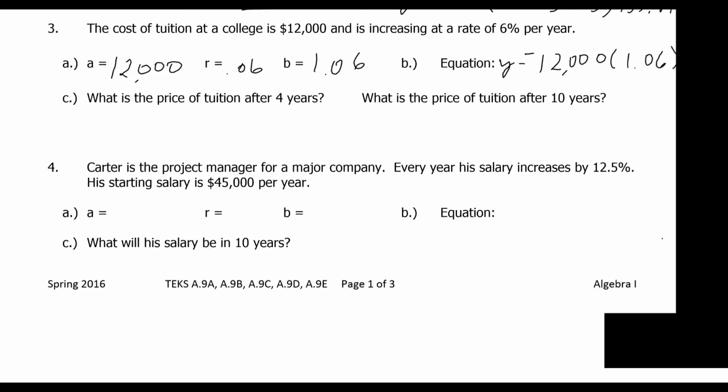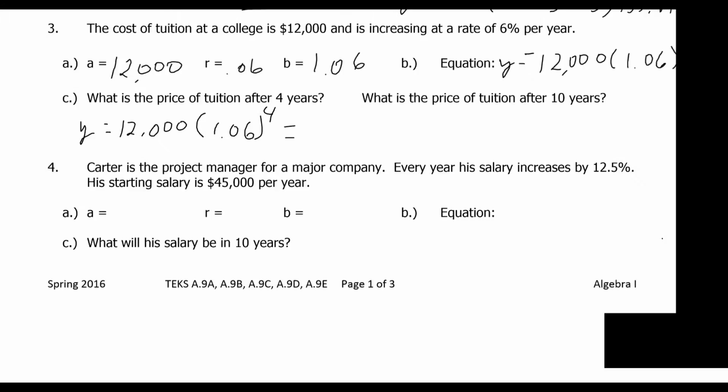So, what is the price of the tuition in 4 years? So, let's see. That's going to be y equals 12,000 on the outside of 1.06 raised to the 4th power.